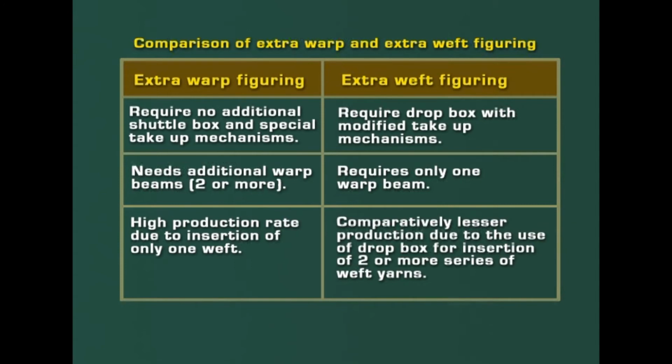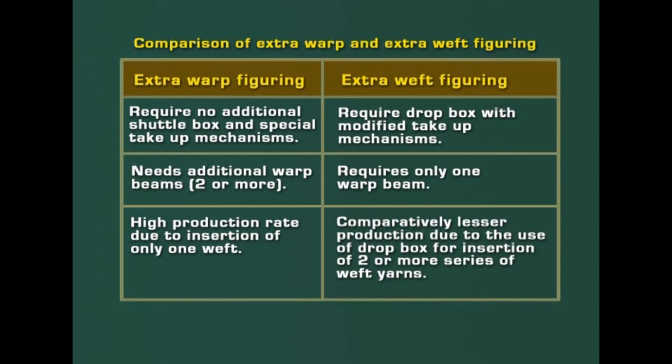And when we want to compare these two, we see that warp figuring, where extra warp is used, requires no additional shuttle box and special take up mechanisms, whereas weft figuring requires a drop box with a modified take up mechanism. In extra warp figuring we need 2 warp beams, whereas in weft figuring we require just 1 warp beam, that is for the ground weave.